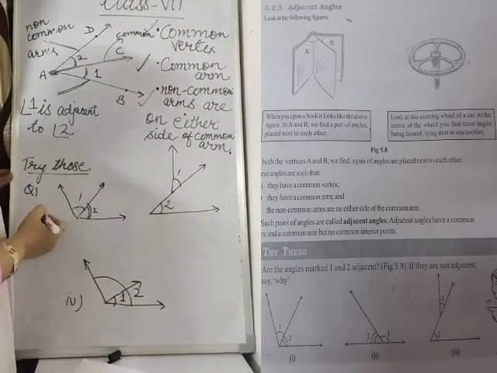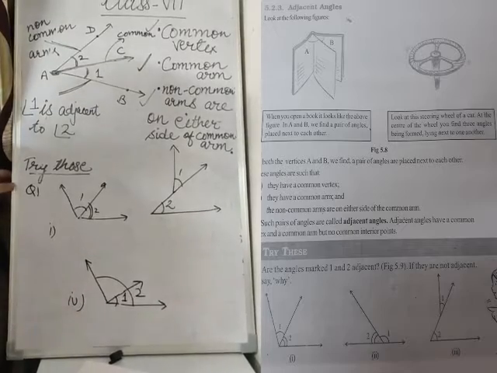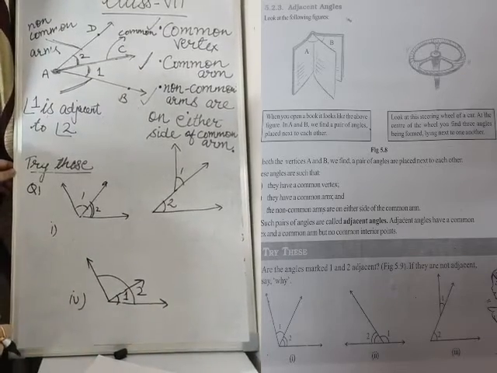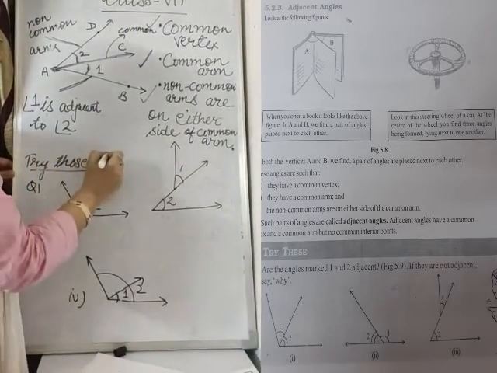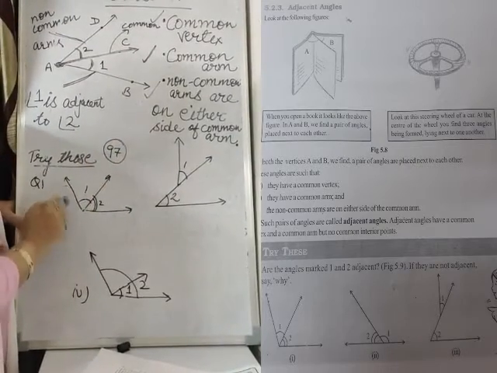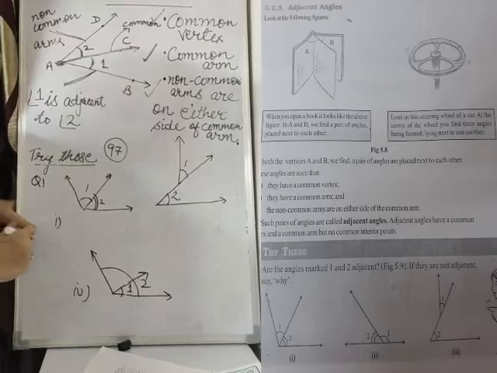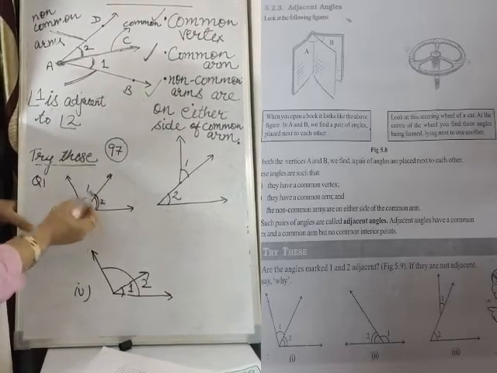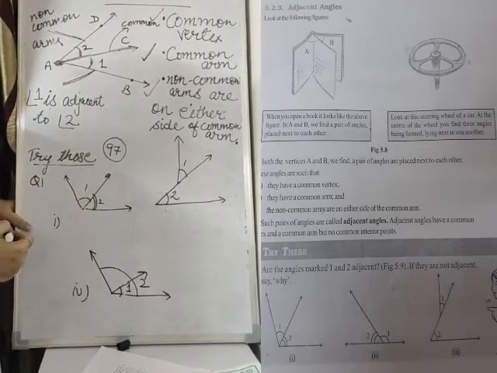Now we are trying some questions. Question number 1, on page number 97. The first part is this kind of figure, and you have to tell whether angle 1 is adjacent to angle 2. Think about it.